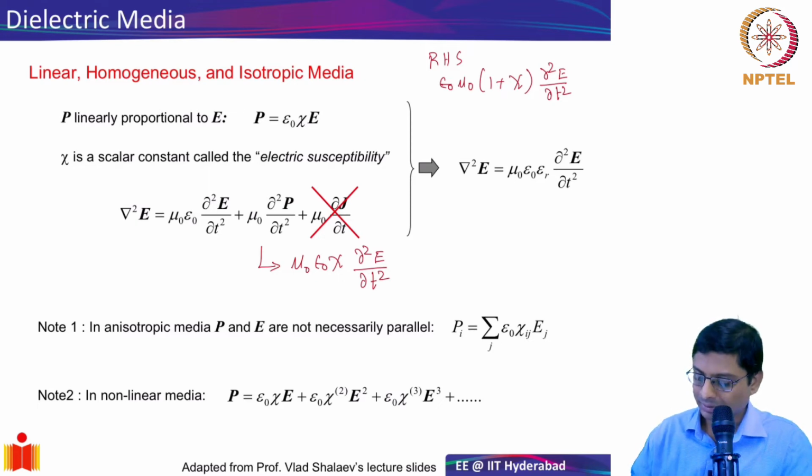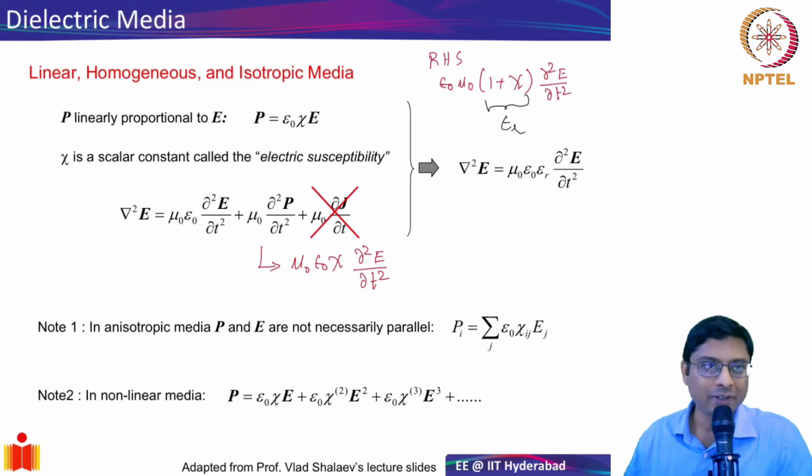This particular term we've already introduced, which we call relative permittivity. So the wave equation has a similar form to that of vacuum. If you take a wave equation in any dielectric medium, it has the same form. The only addition is this additional term of relative permittivity.